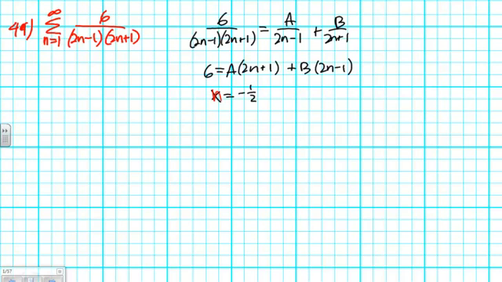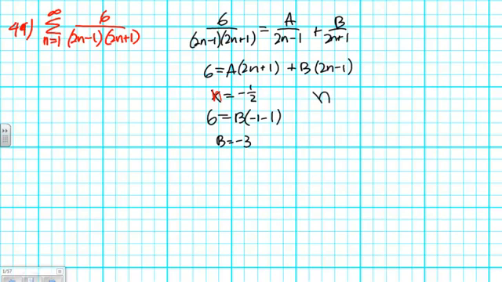So when n is negative 1/2, the multiplier on A becomes 0, and we simply get 6 is equal to B times (negative 1 minus 1). B is negative 3.